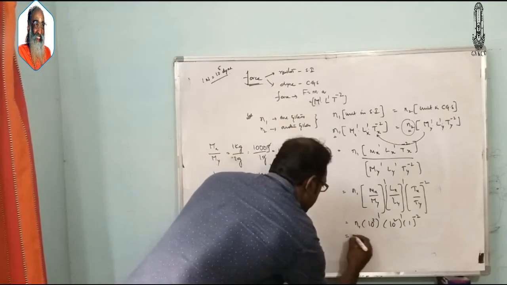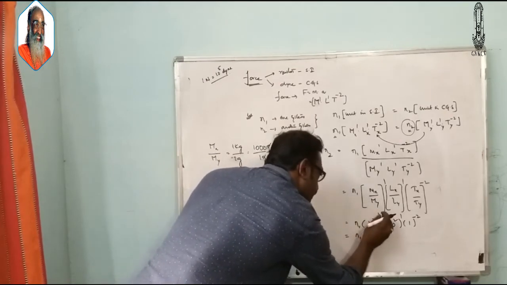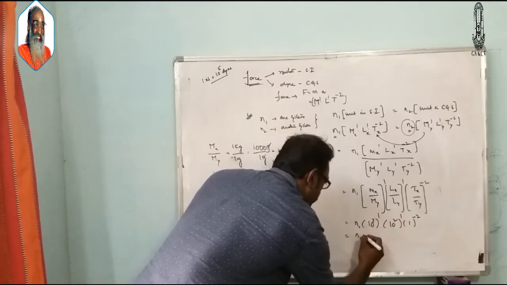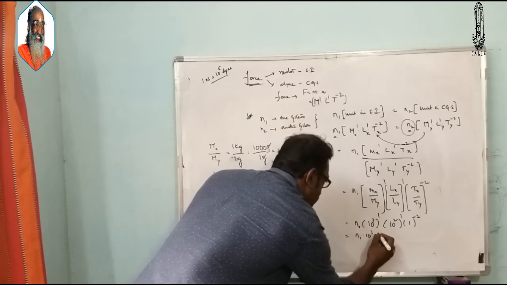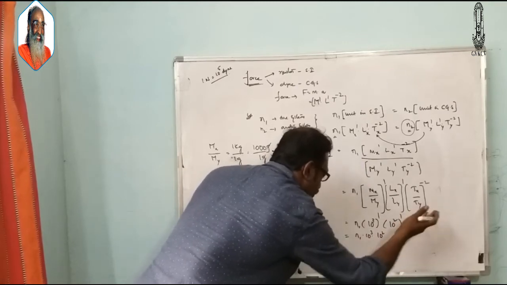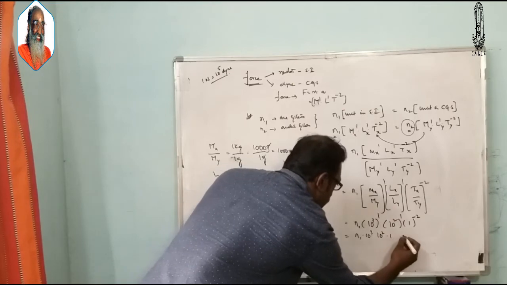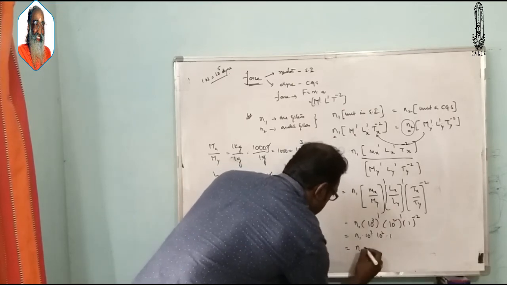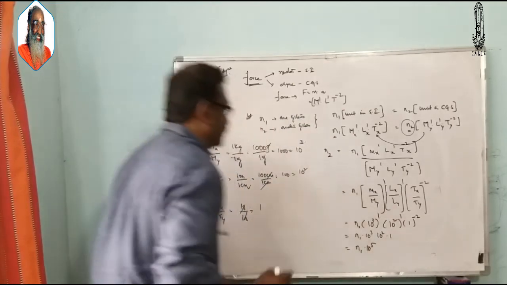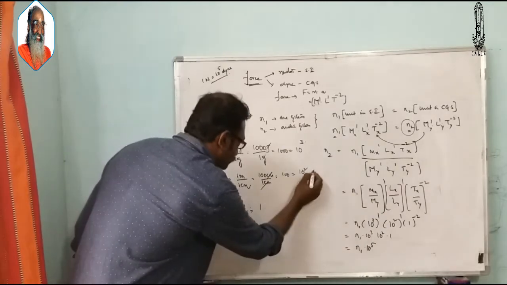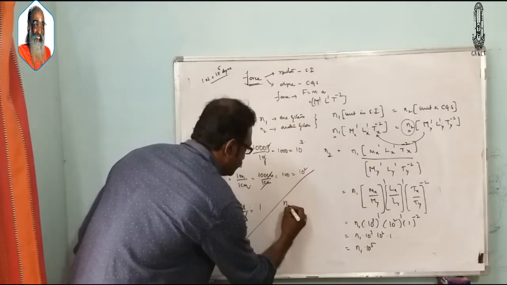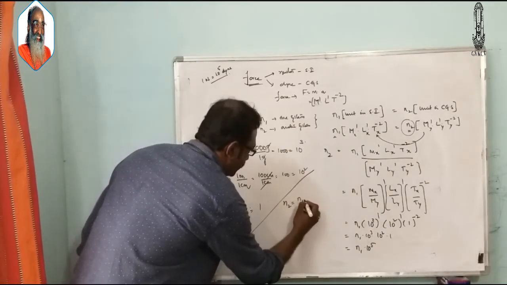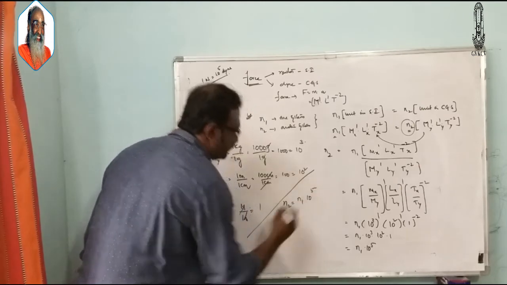So it is n1, 10 to the power of 3 times 10 to the power of 2, since anything to the power of 1 is itself. So it is n1 into 10 to the power of 5. So now we got n2 is equal to n1 into 10 to the power of 5.